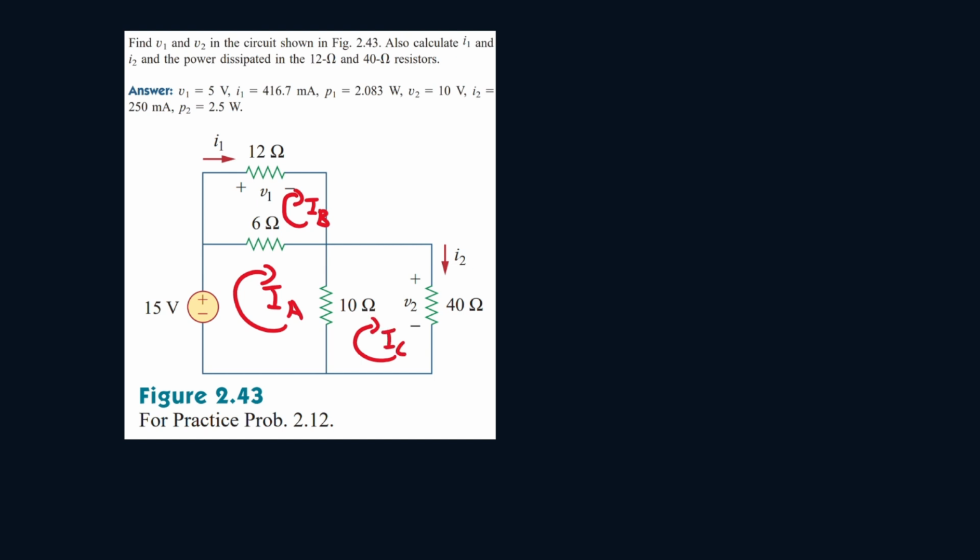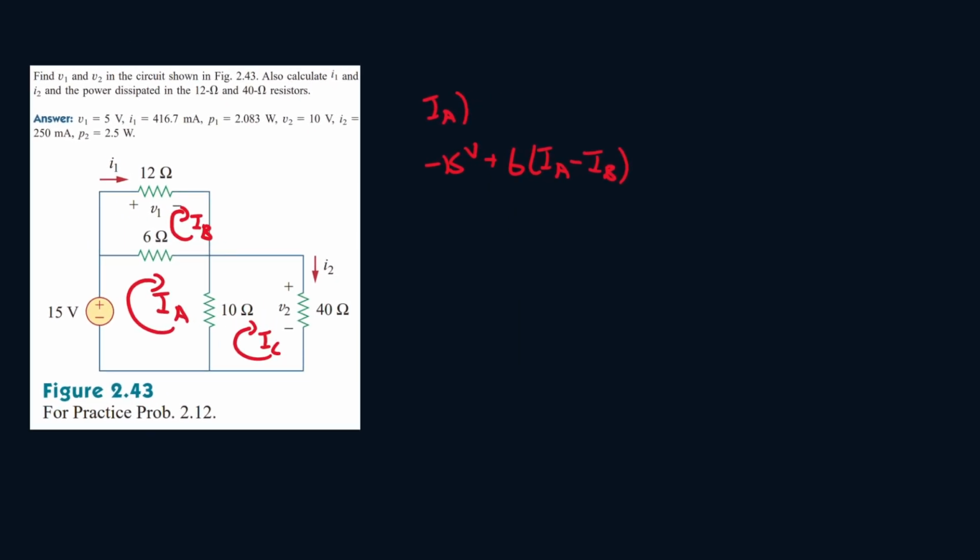So let's start with the equation for IA. It'll be minus 15 volts plus 6 (IA minus IB) plus 10 (IA minus IC). Okay, then let's simplify this.